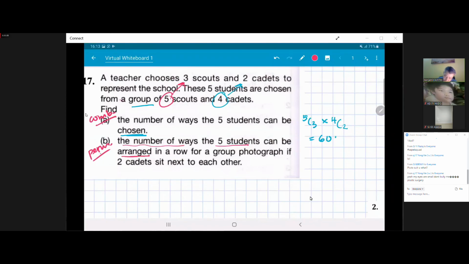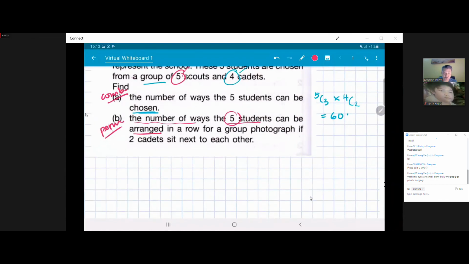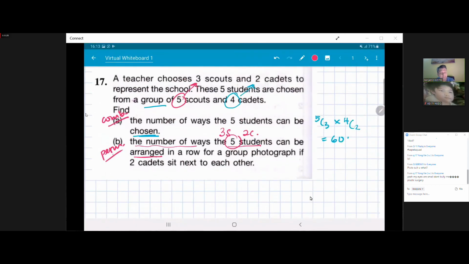But remember the 5 students. What do we mean by the 5 students? The 5 students involve the 3 scouts and 2 cadets because persambungan. So from part A, we choose, therefore combination. We choose 3 scouts, 2 cadets, 5 people. These 5 people now, we arrange them in a row. That's the part B.